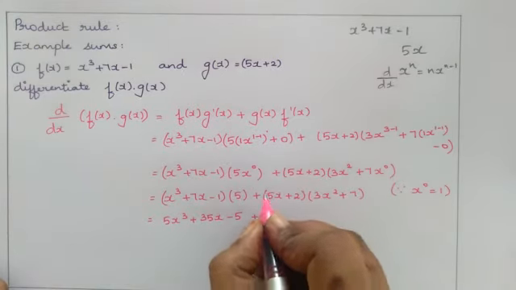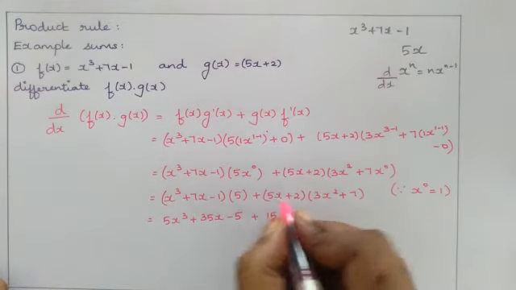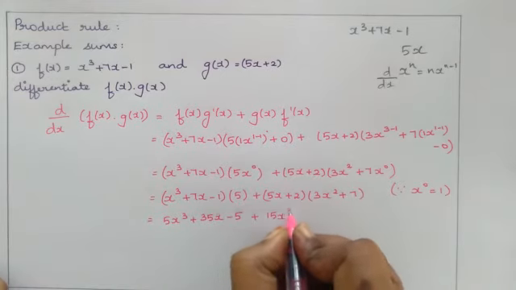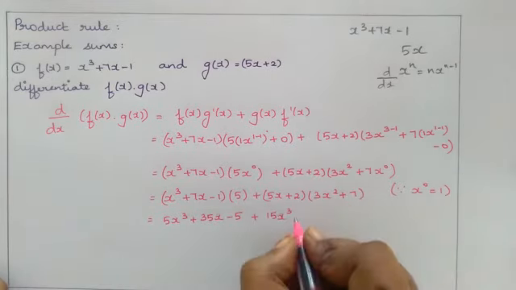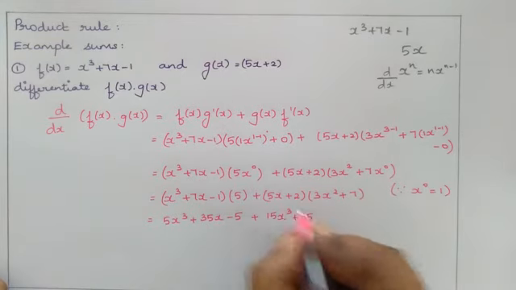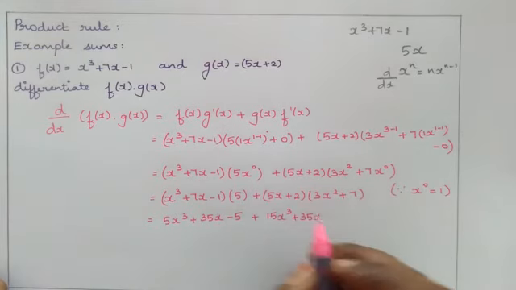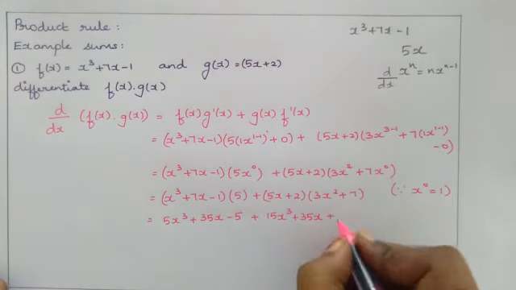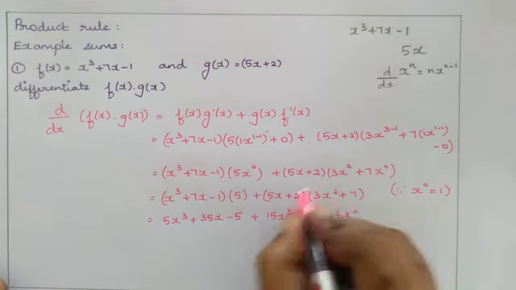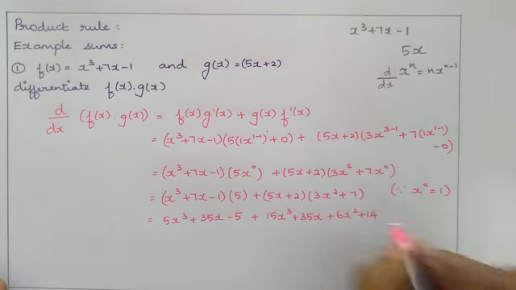Let's multiply 5 into 3, 15. X into x square, x cube. Next, 5x into 7. 5 into 7, 35. The variable x as it is. So now we have multiplied 5x with these two terms. Next, 2 with 3x square. 2 into 3, 6x square. 2 into 7, 14. That's it.